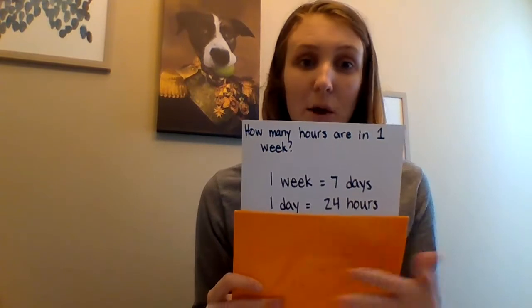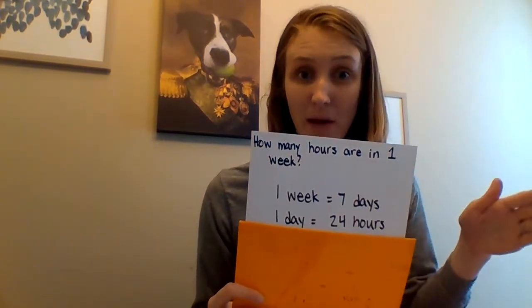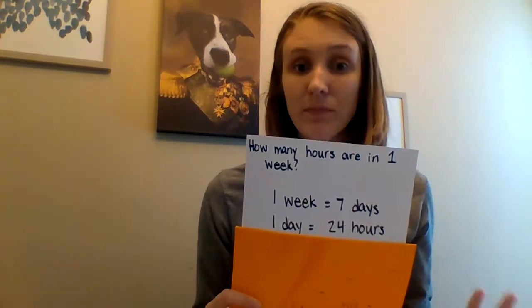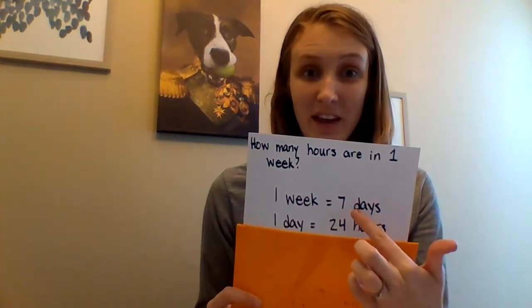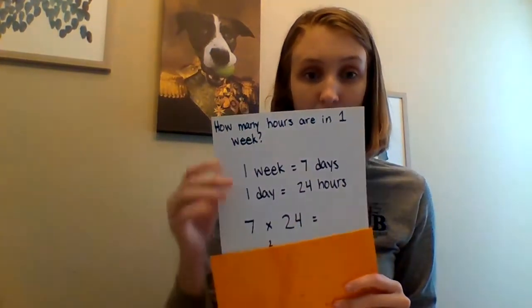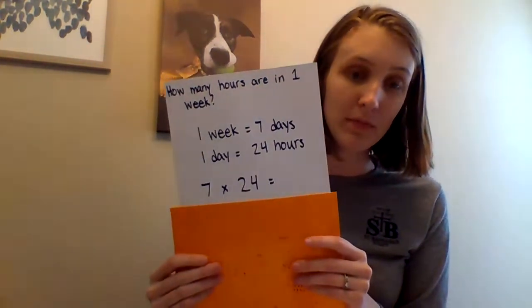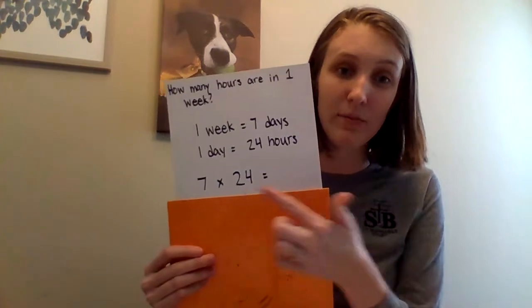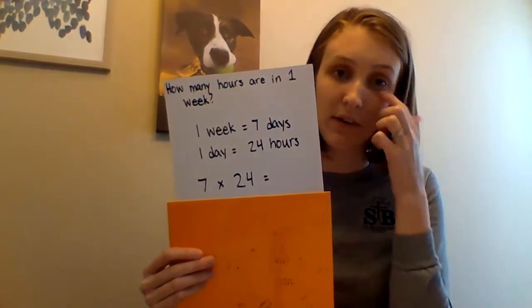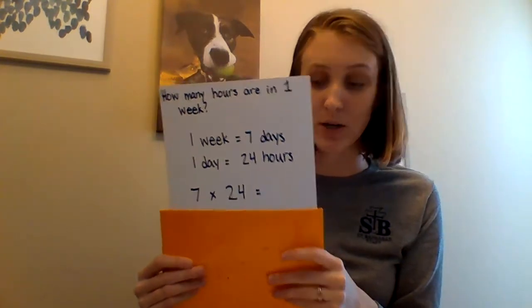So if we're talking about equal groups, if we're talking about each one having the same amount, what you're going to do is multiply that 7 by that 24. It's 7 days with 24 in each day. So 7 times 24. And go ahead and pause the video if you need to, write this problem vertically and figure out the answer to that multiplication equation.